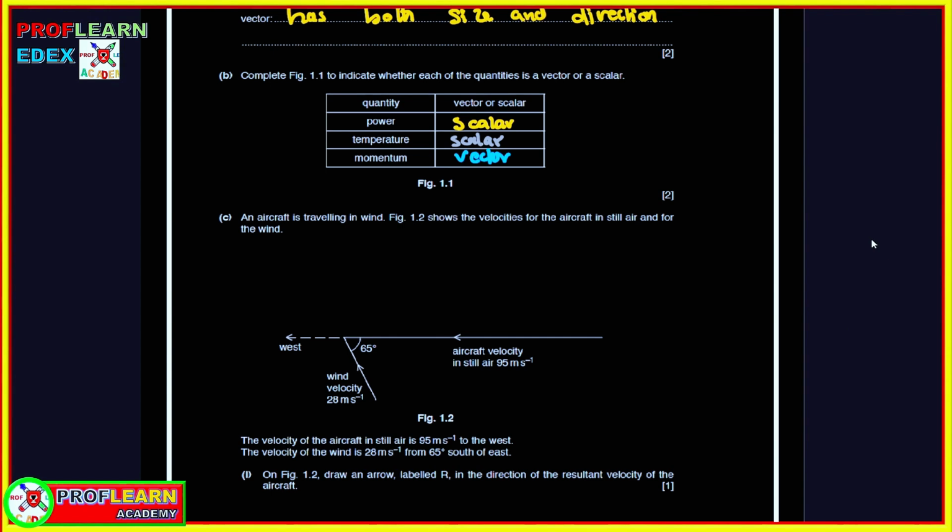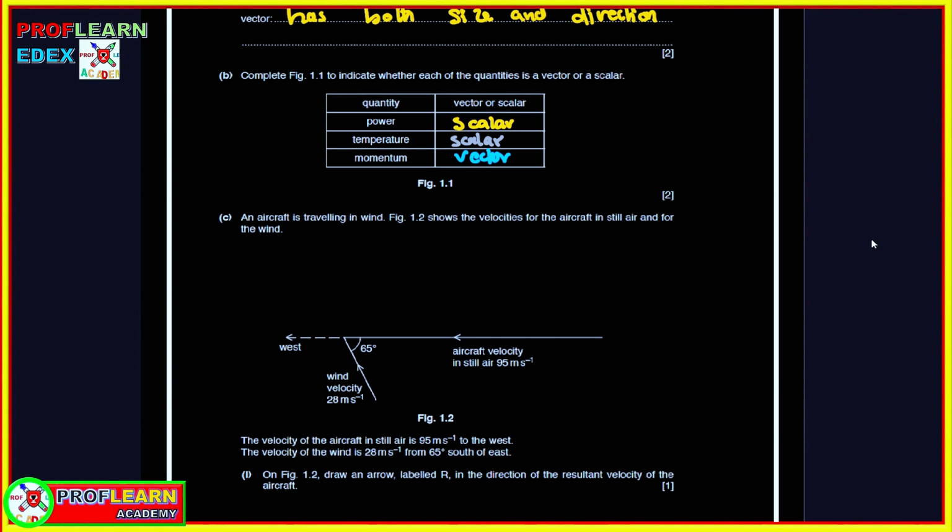In this case, we are told an aircraft is traveling in wind as shown. We have wind blowing at 28 meters per second, and the aircraft is moving in still air at 95 meters per second.